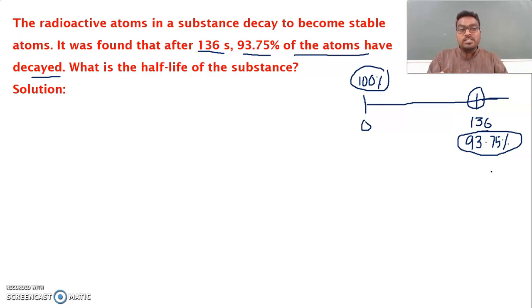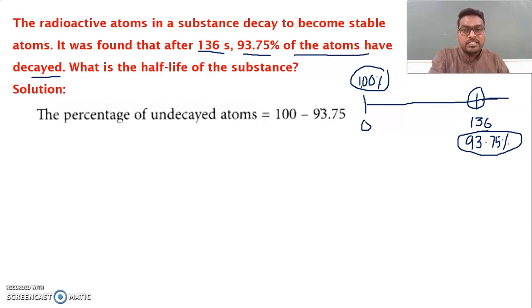Then how are you going to calculate the amount that remains? If you subtract 93.75 from 100, you will get 6.25 percent. This is the amount of radioactive substance which remains after 136 seconds. Got it? Now you understood.